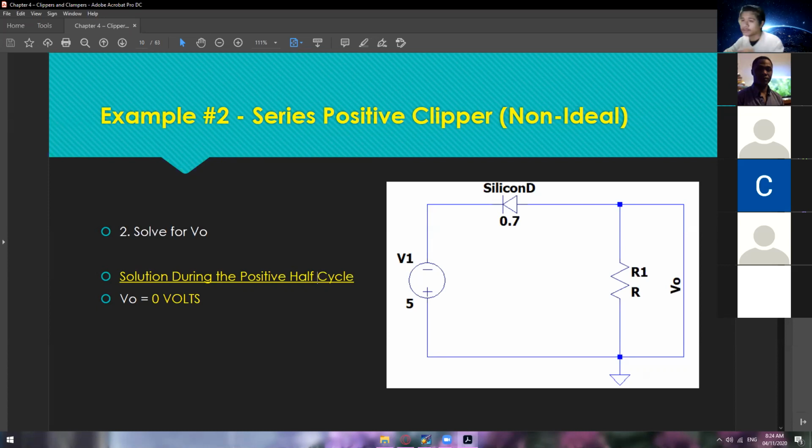So the positive side is on this one, and the negative side or the ground is on this one. Positive to negative, and then negative to positive. As a result, this diode will become reverse bias. If it's reverse bias, it becomes an open circuit and will not accept a voltage or a current. So of course, we're having a voltage output of 0 volts.